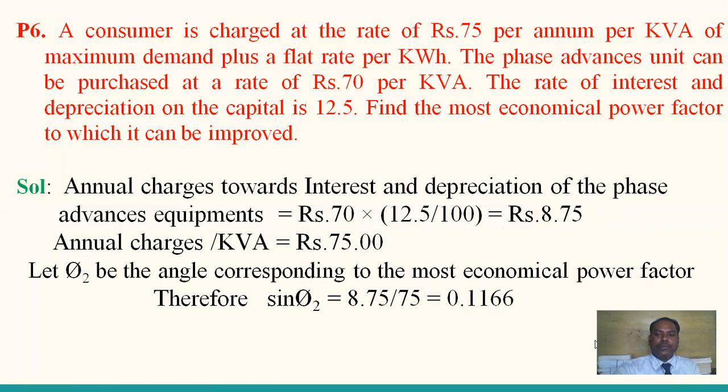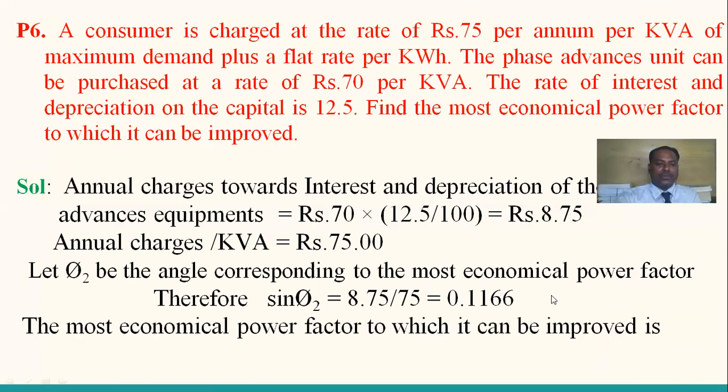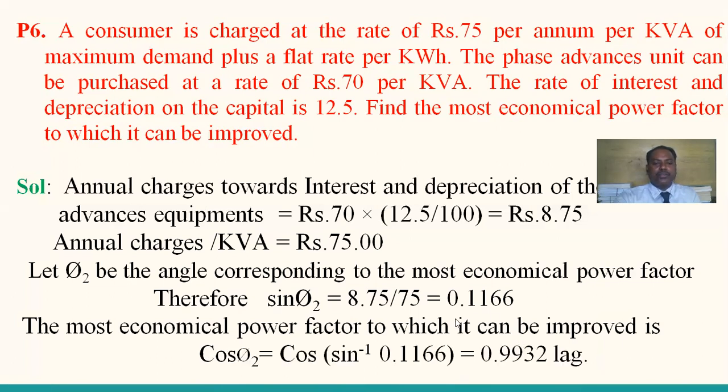From this, the most economical power factor to which it can be improved is cos phi 2, which is equal to cos of sin inverse 0.1166, which is equal to 0.9932 lag.